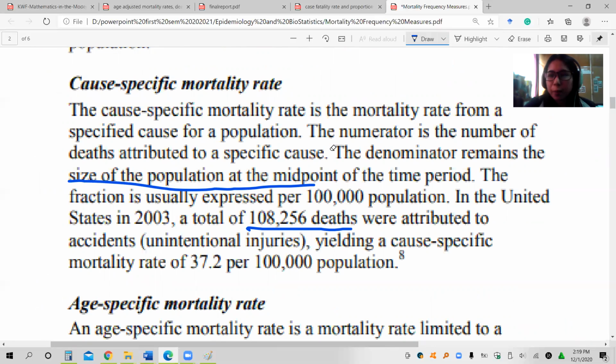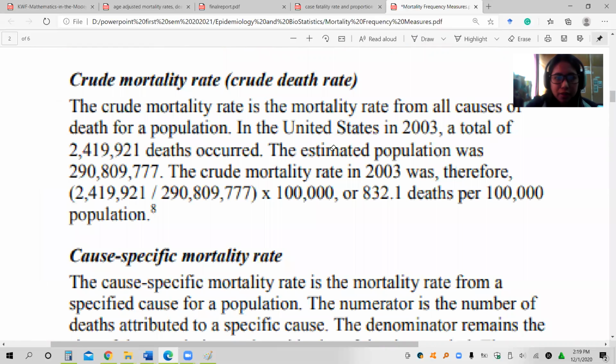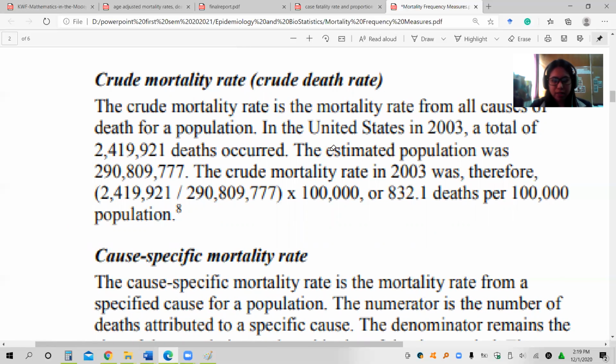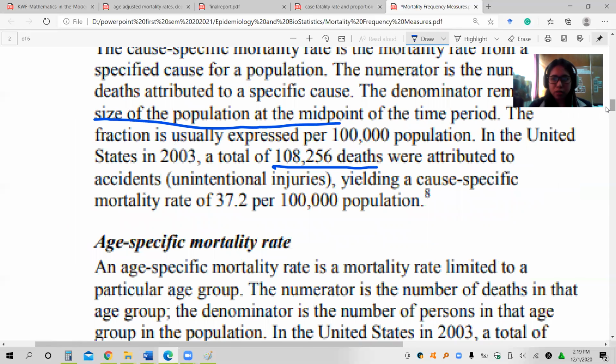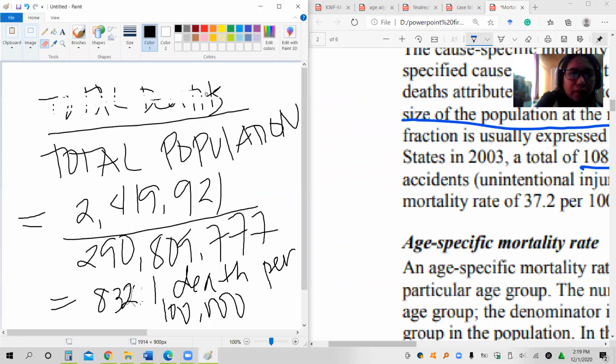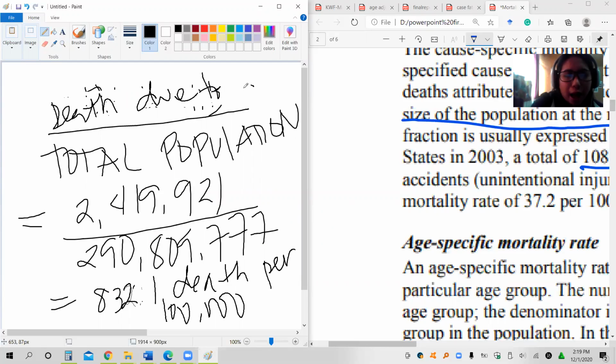Using the population as mentioned, we have 290,809,777. So we will still consider the same number of population. So for cause-specific mortality, we know the cause, so we will replace this with deaths due to accident.